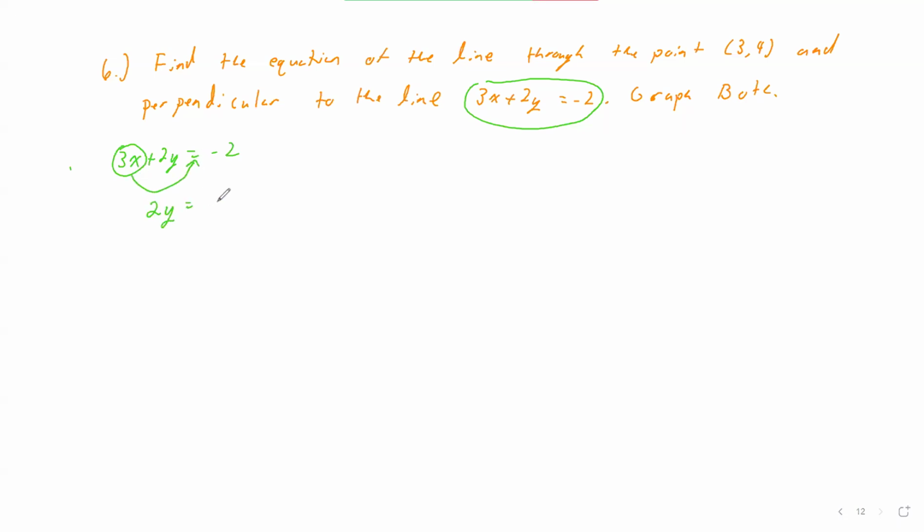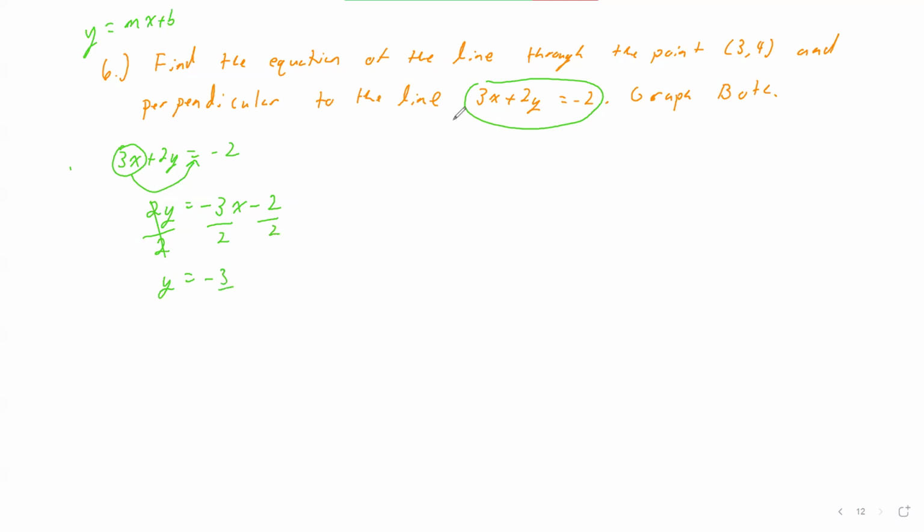So I get 2y equals, I want to keep it in that y equals mx plus b. Minus 2. Perfect. And then what's the last step? Simplify if you can. Hey, wasn't that the same slope we just had?